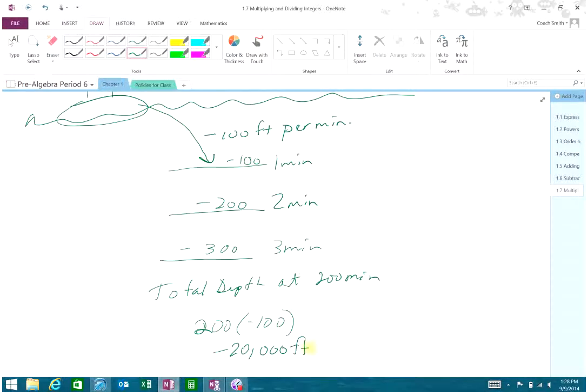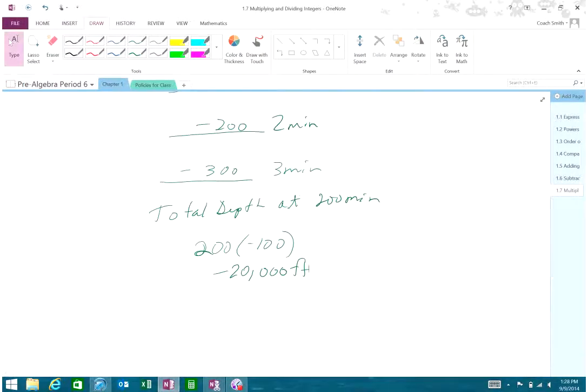Okay, now, the next question they ask is how long would the MIR take to dive 1,000 feet below sea level? Okay, so what would I do to find out how long it would take to go 1,000 feet? You do what? Right.